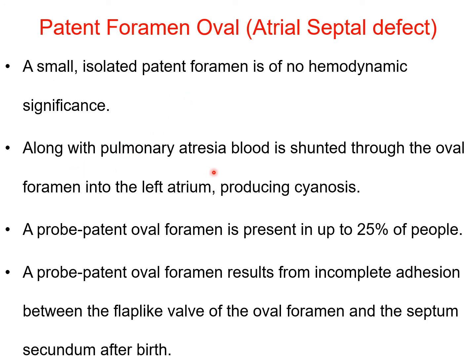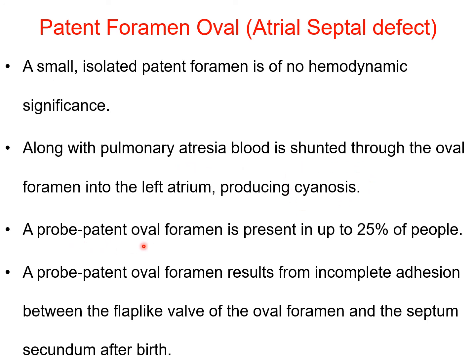Along with pulmonary atresia, in some cases when the pulmonary artery is not formed properly, blood is shunted through the foramen ovale into the left atrium and produces cyanosis. So in a baby with pulmonary atresia, where the pulmonary vessels are not properly formed, the blood goes directly from the foramen ovale to the left atrium and causes cyanosis. So it is one of the cyanotic heart diseases.